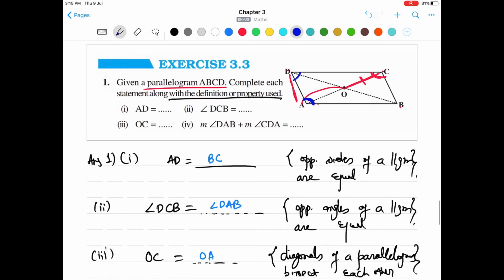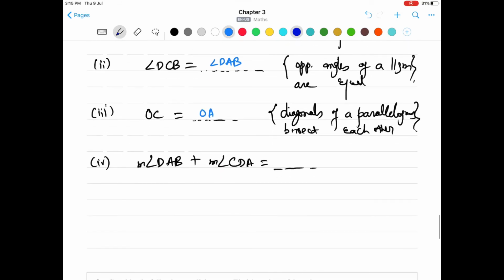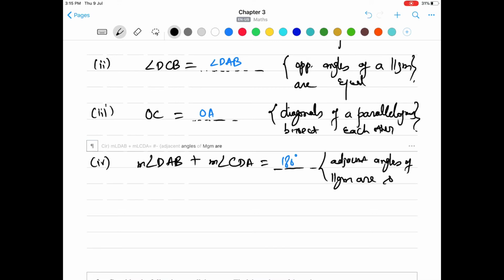As you can see now, these two angles are adjacent angles, and we know that adjacent angles of a parallelogram are supplementary, so its answer will be 180 degrees. And the reason for this one is adjacent angles of a parallelogram are supplementary. So that's the answer of question number 1.